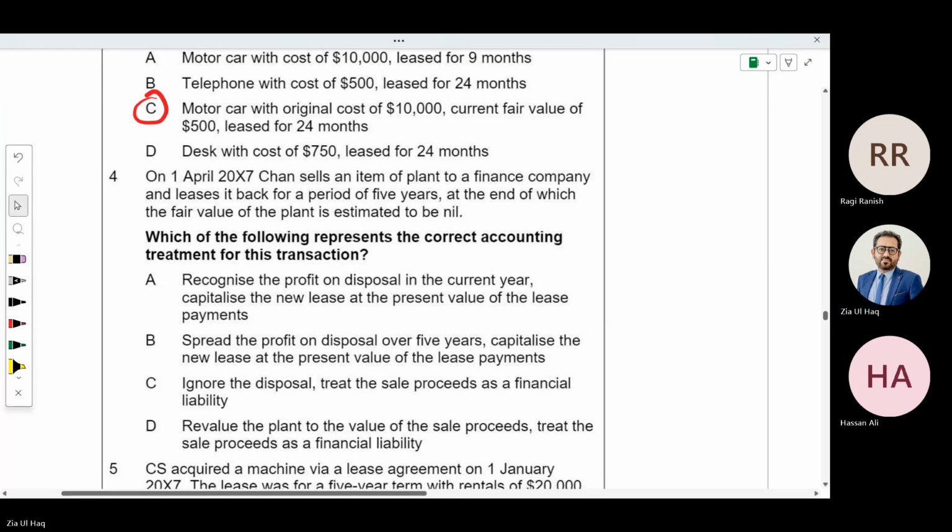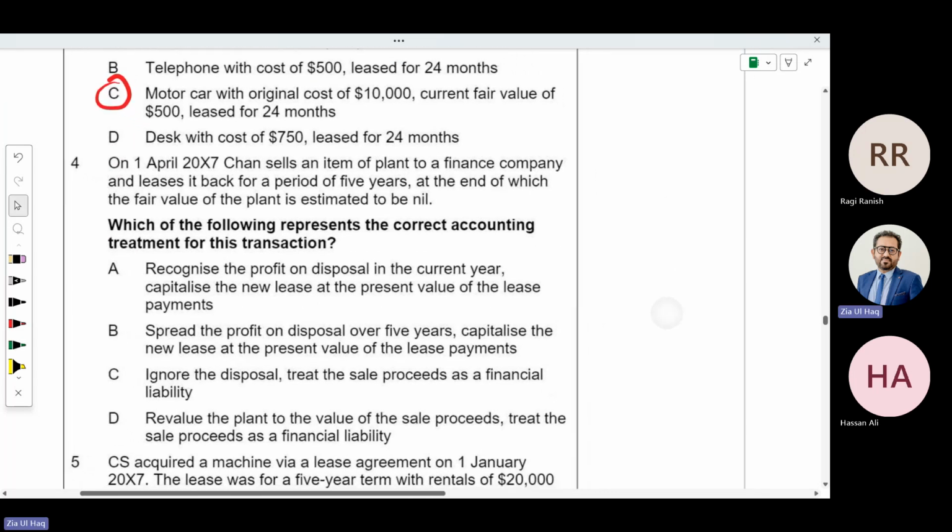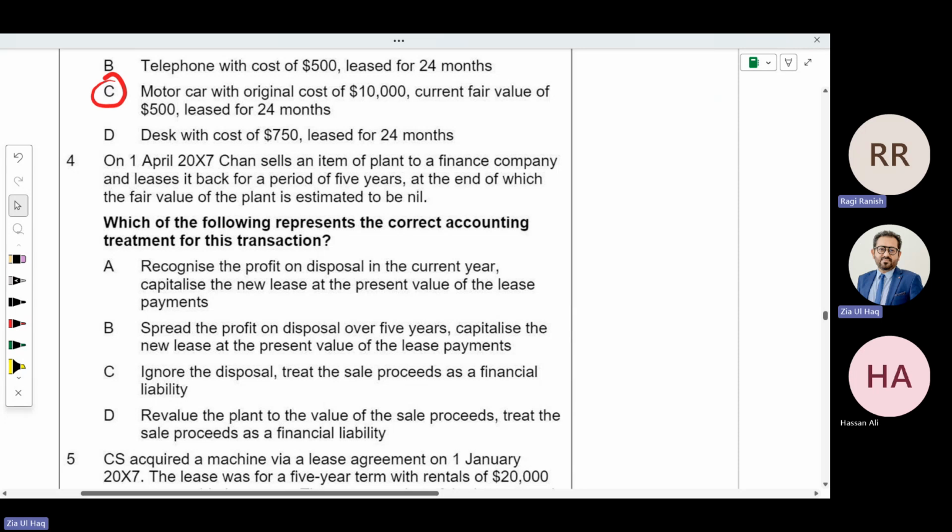Question number 4. On 1st April 20x7, Chan sells an item of plant to a finance company, like a bank, and leases it back for a period of 5 years, at the end of which the fair value of the plant is estimated to be nil.